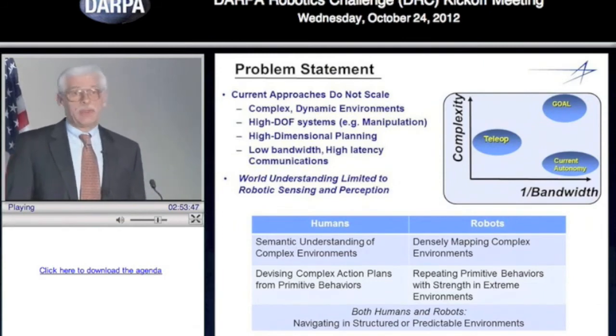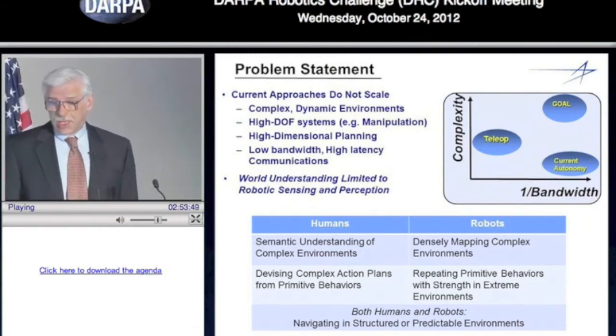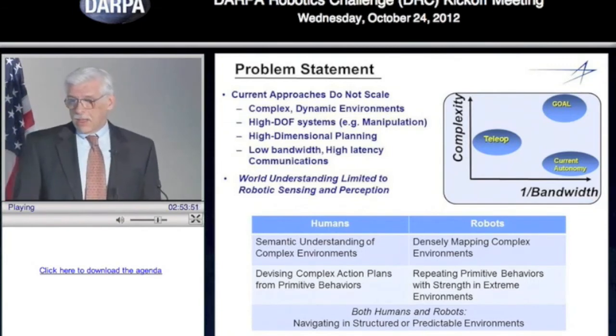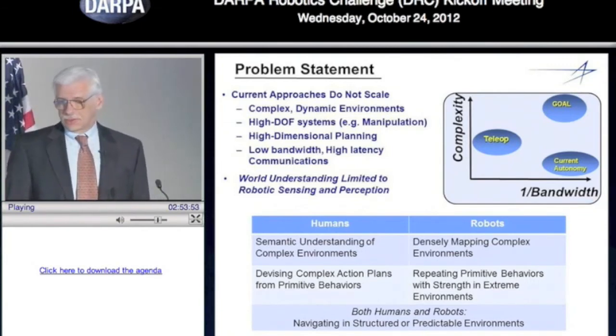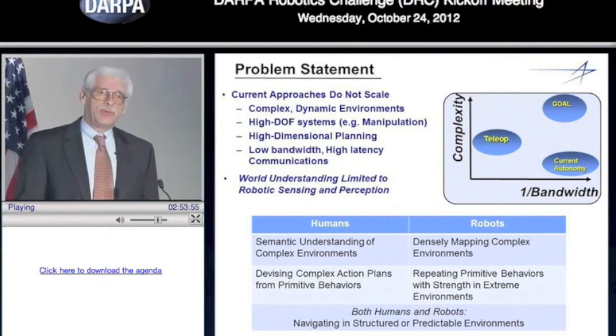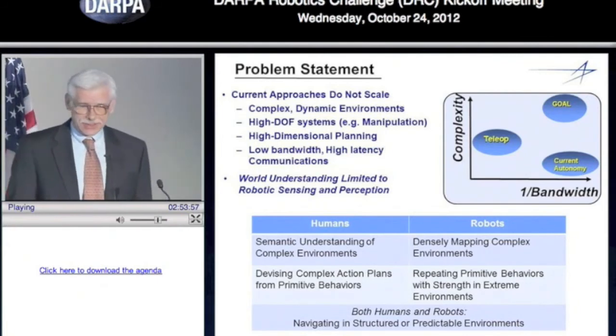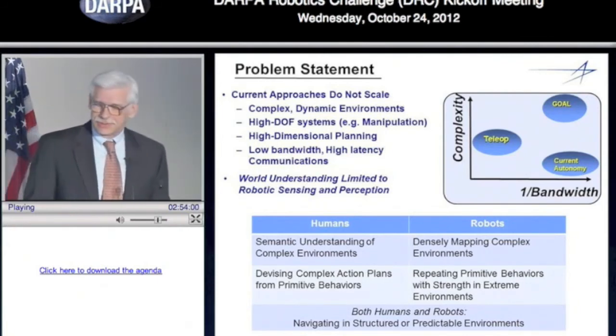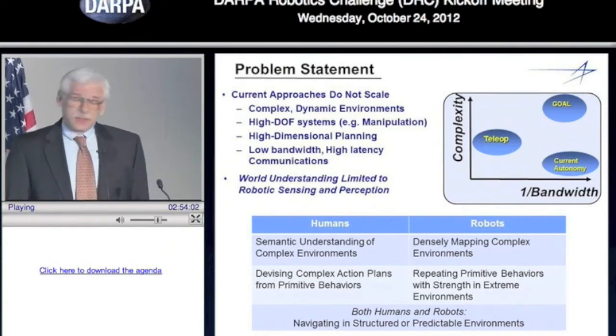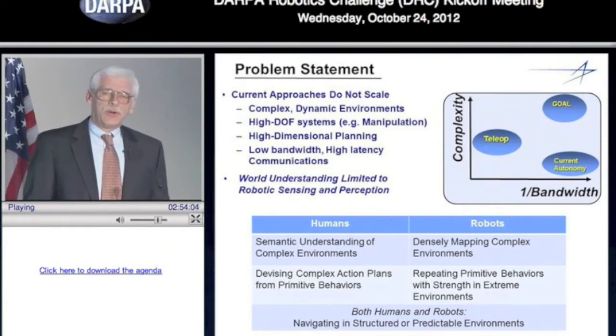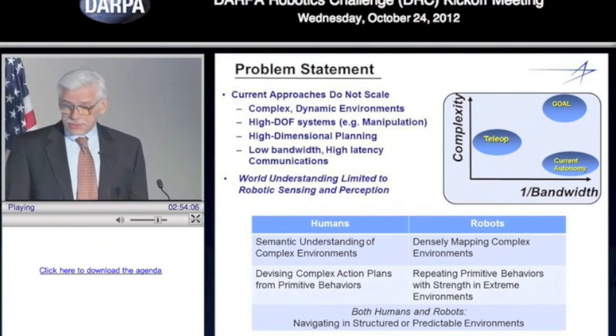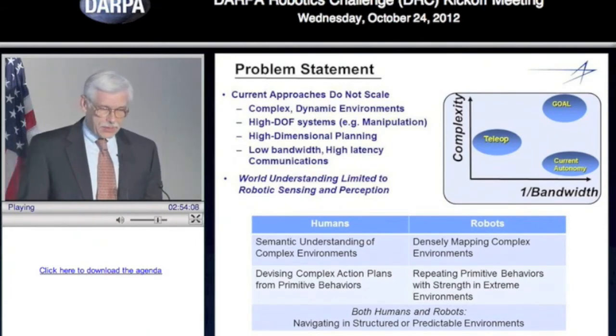We have complex, eventually dynamic environments, high degree of freedom systems, and high dimensional planning that goes with those systems, and then the low bandwidth and latency problems with communications that Dr. Pratt especially emphasized for us this week. And on top of that, there's the problem of understanding the world, because we really are only doing this through the sensors and perception that are available on the robot.